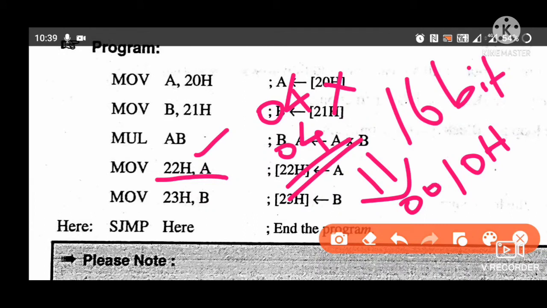So 00 is the upper byte and 10 is the lower byte of this multiplication. In 16 bits, multiplying these two numbers gives 0010h. The 10 represents 16. At the higher byte there is no value available, so we are going to store this 10.